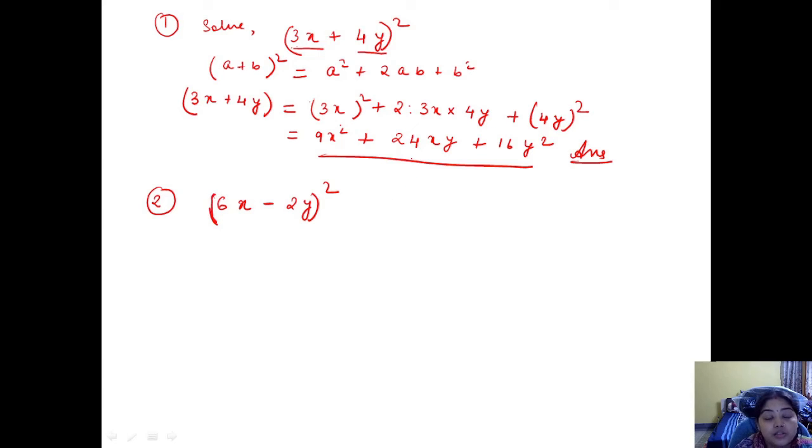We will be using the formula for a minus b. So what is the formula for a minus b? (a minus b) whole square is equal to a square minus 2ab plus b square. Okay, so we are placing the values of a and b.